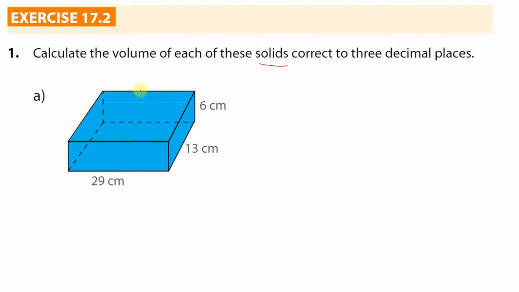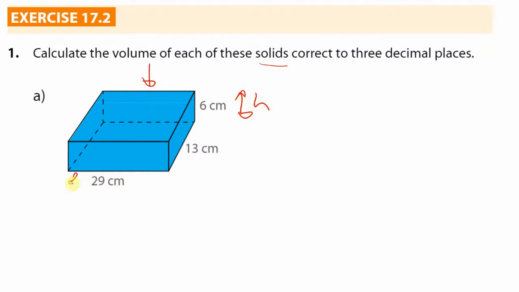We have different lengths for all the sides, so this must be a rectangular base. For the base we need the length times the width. The length is 29 and the width is 13 centimeters, whereas the perpendicular height is 6 centimeters.